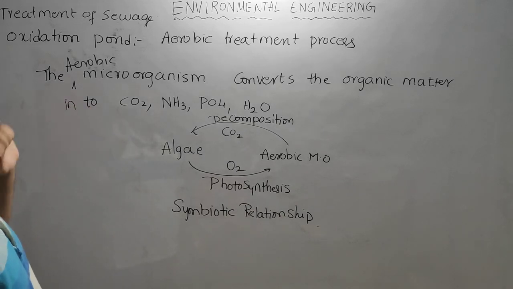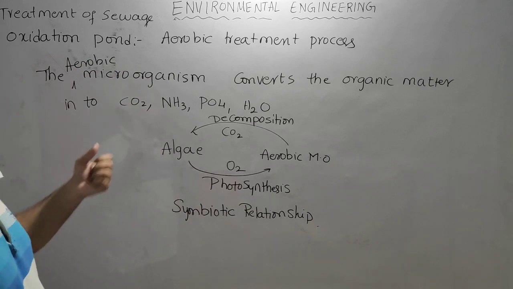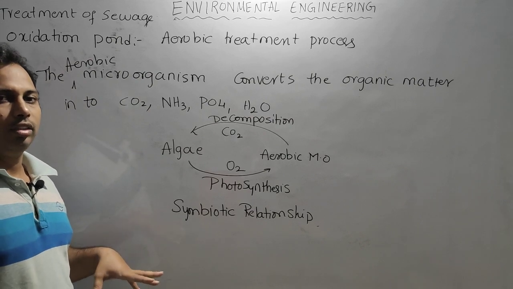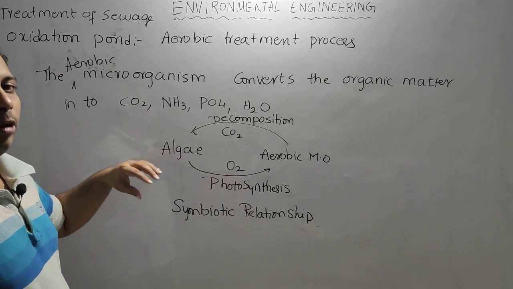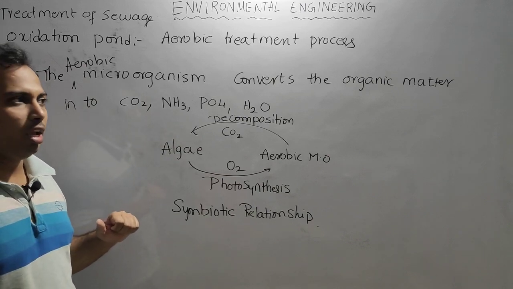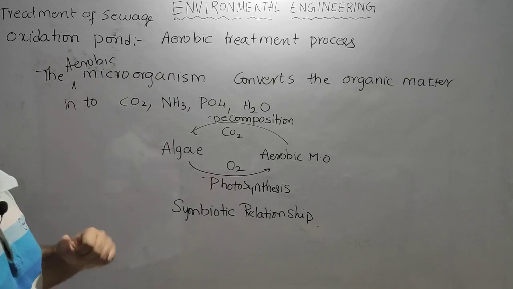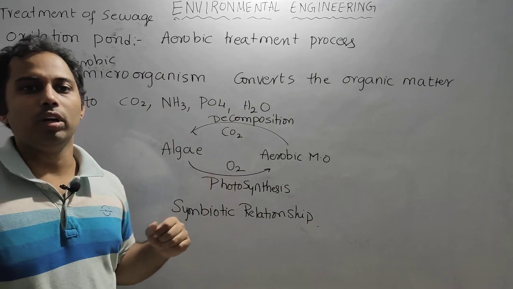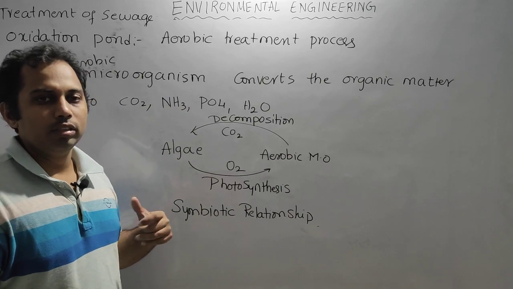The duration of this degradation varies from place to place depending upon the temperature at that location. If you go to Jammu Kashmir, there is an oxidation pond. If you go to Madhya Pradesh, there is an oxidation pond.